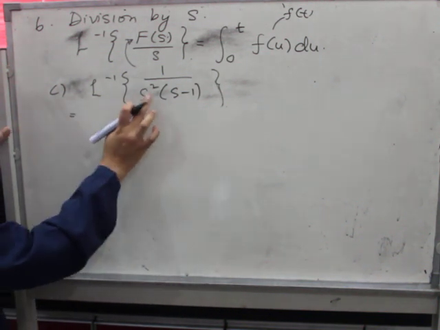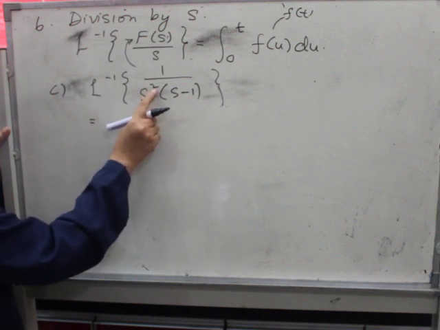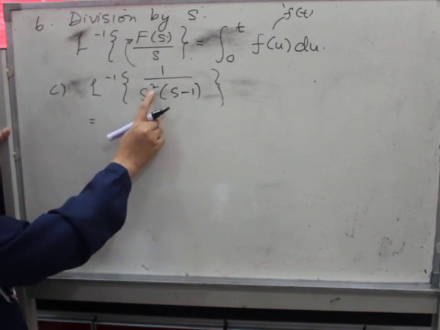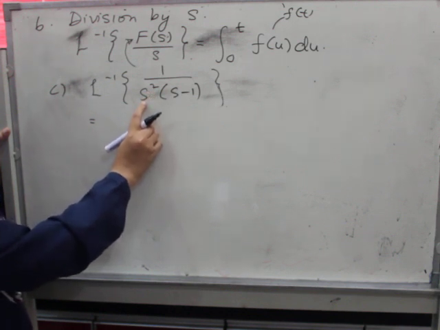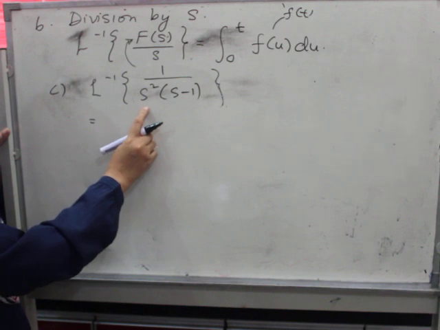So for this one, see the difference between this and A: in A we have just division by S. Now we have S squared. That means you have to integrate twice.